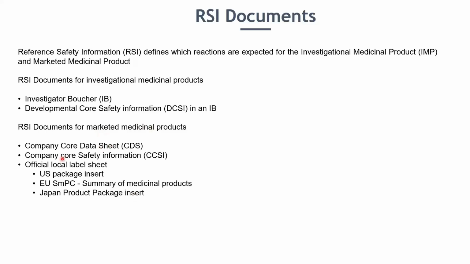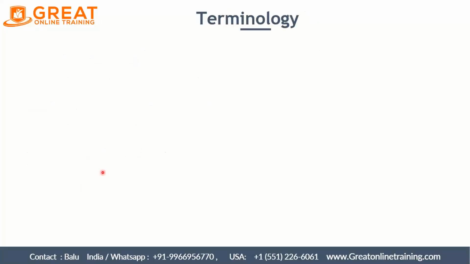So for marketed products, we need to refer to these documents to perform the expectedness or labeling assessment of the events. And the CIOMS has provided specific guidelines on criteria which we need to follow when we perform this labeling or expectedness assessment. We will discuss these guidelines in detail along with examples in our course.